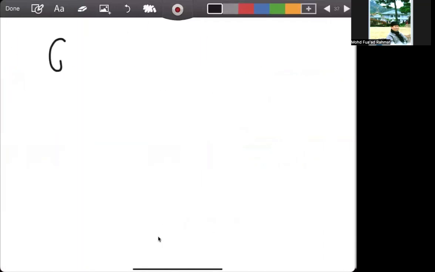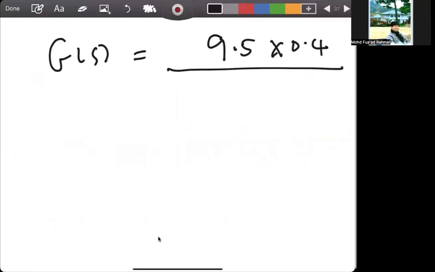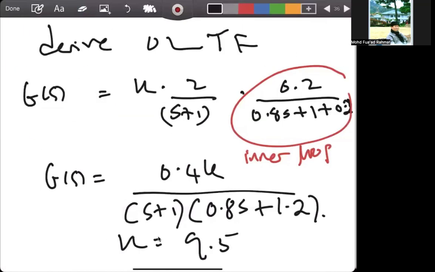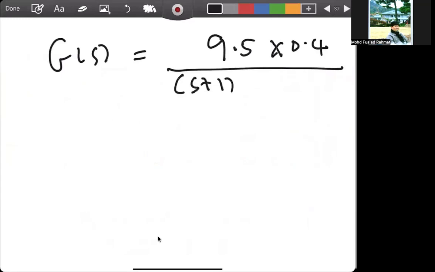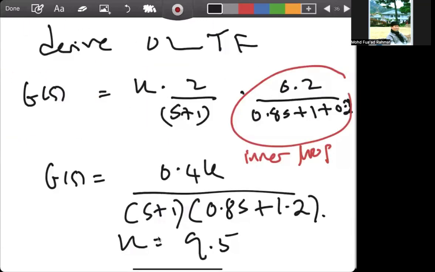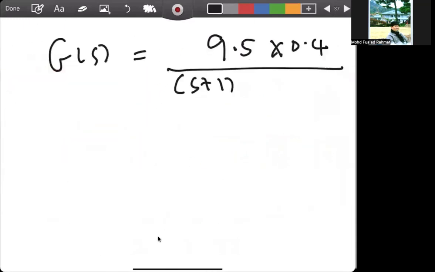So GS equals 9.5 multiplied by 0.4 (s plus 1) over 0.8 s plus 1.2. Okay, so this is your GS with k.